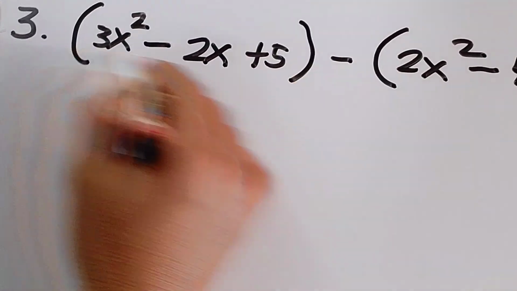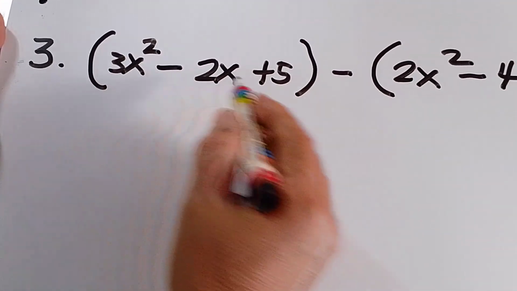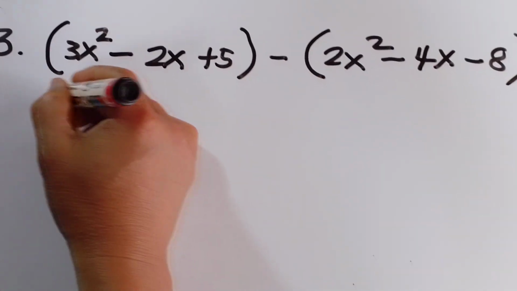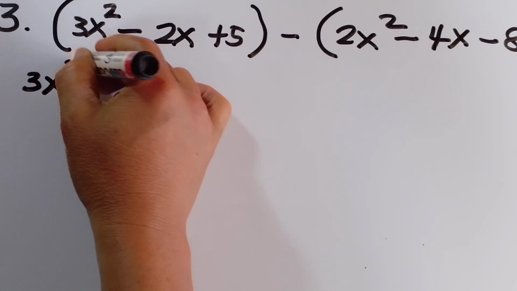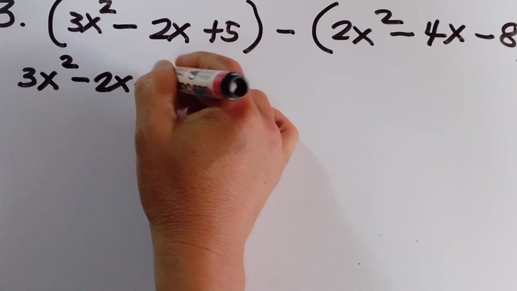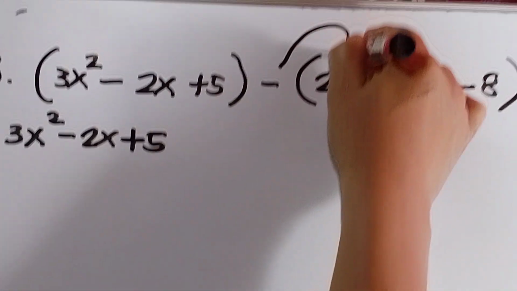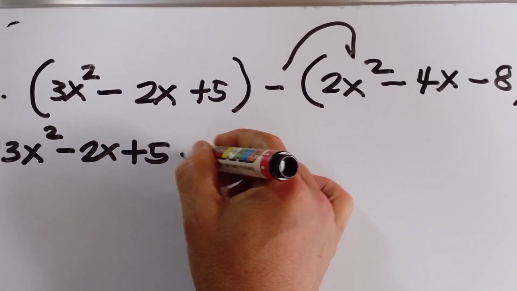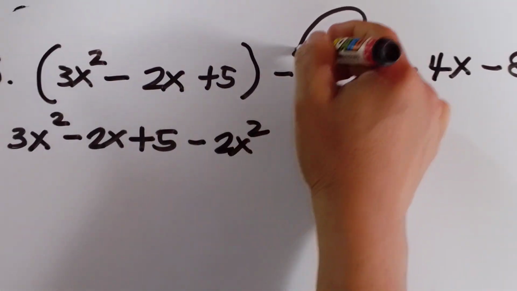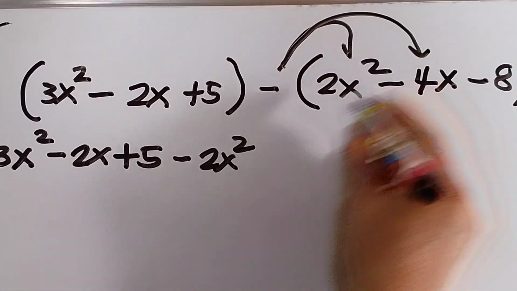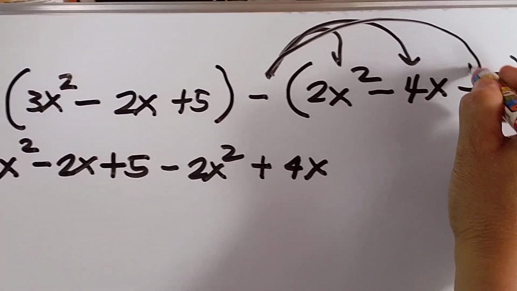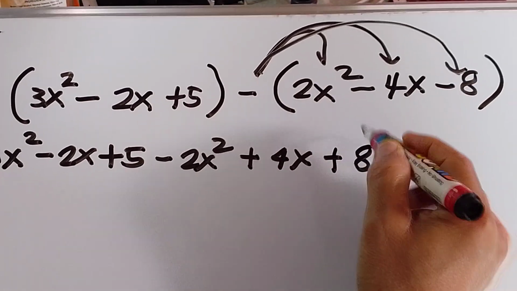So this is trinomial and then trinomial. Remove the signs of grouping. So I have here 3x squared minus 2x plus 5. And then start distributing. There is a 1 in here, so this will be minus 2x squared. Negative times negative is positive, 4x. Negative times negative is positive, this will be 8.